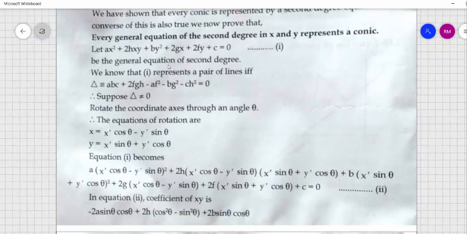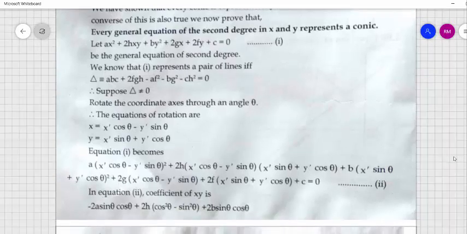So this is one equation representing the general equation in second degree, and we know that represent pair of lines if satisfy this condition, delta equal to 0. Suppose delta not equal to 0, then it may be conic, means either parabola, ellipse, hyperbola, circle, like that. Circle is a particular case of ellipse.